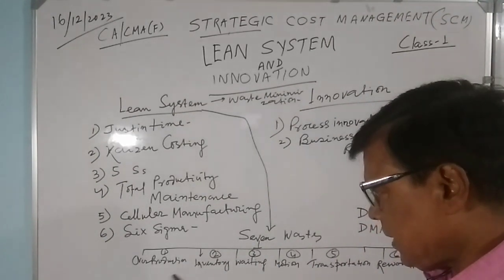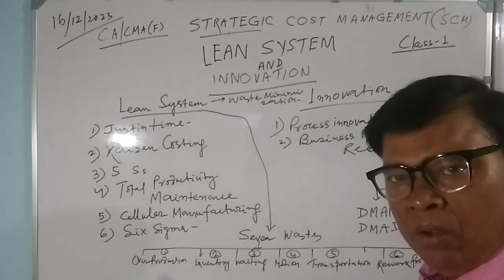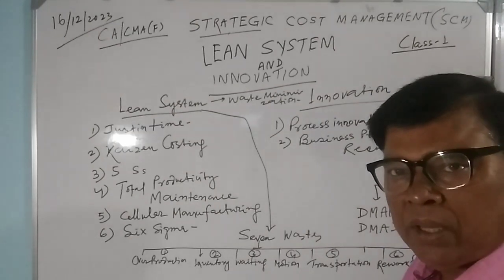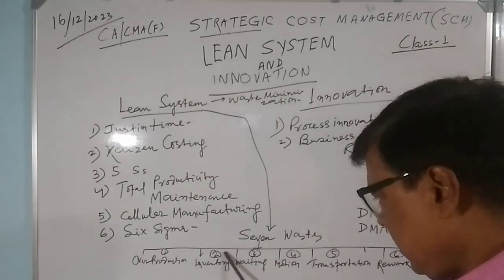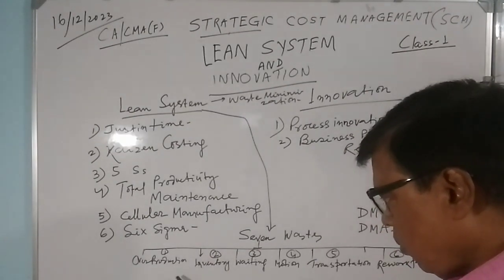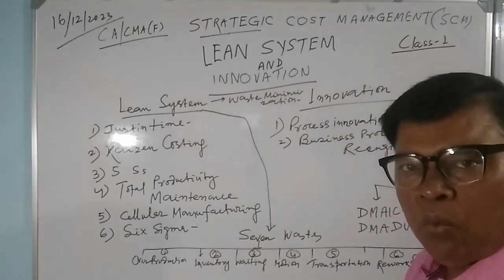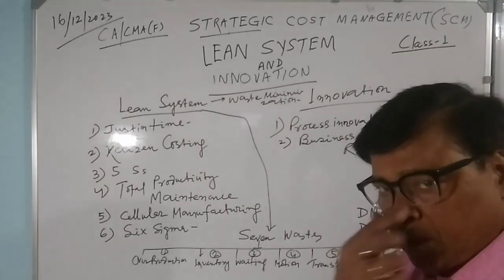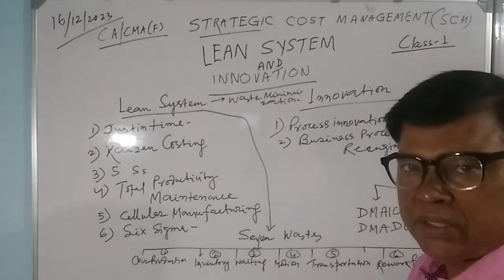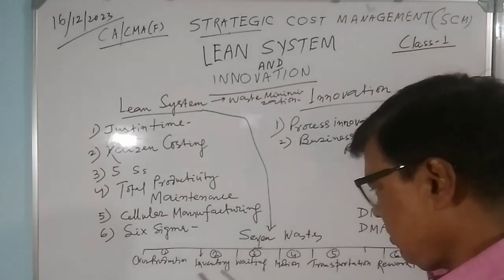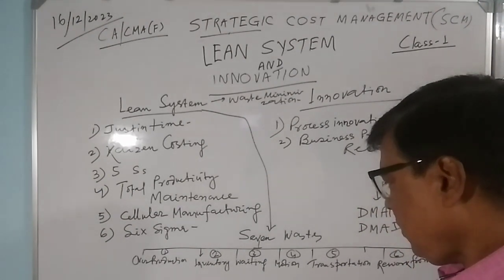Unnecessary working capital blockage will be there, and once you block the working capital, your cost of capital will increase. Then inventory. Overproduction requires more inventory stock also. Once you stock more inventory, your inventory carrying cost will be more. Godown rent, space, maintenance, storekeeping, everything will be there.